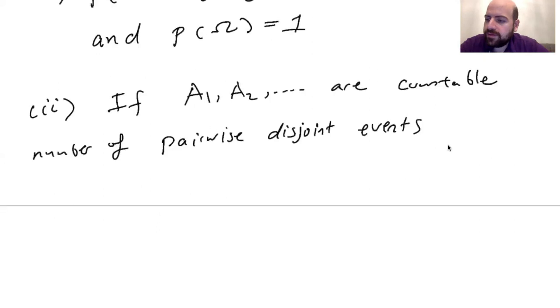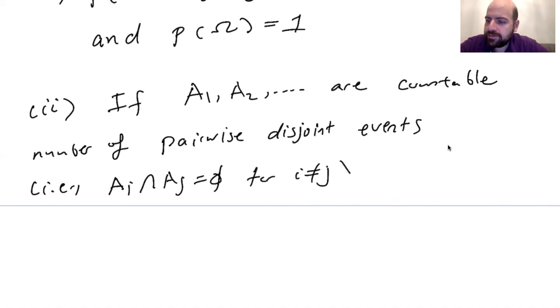Pairwise disjoint events. What does that mean? Pairwise disjoint means A_i intersection with A_j is empty for any i not equal to j. Or mutually exclusive. Sometimes we say pairwise disjoint sets or mutually exclusive events. This is the more common notation.